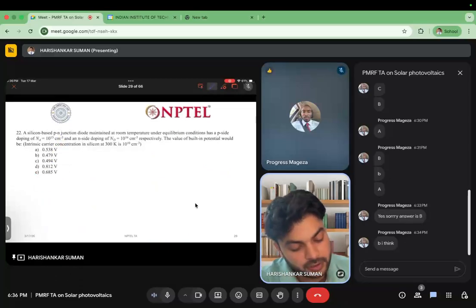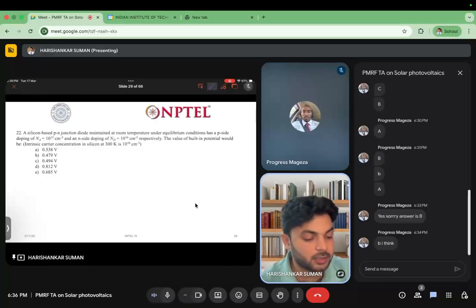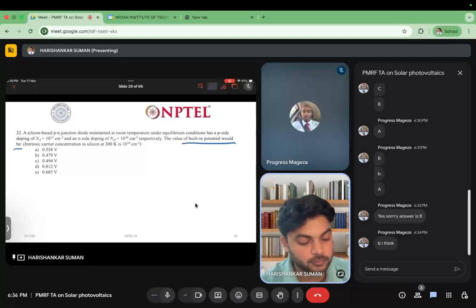Okay, next question. In a silicon based PN junction maintained at room temperature under equilibrium condition, the P side doping acceptor concentration is given to you, and the N side doping donor concentration is given. The value of the built-in potential would be? Built-in potential, can you find it?